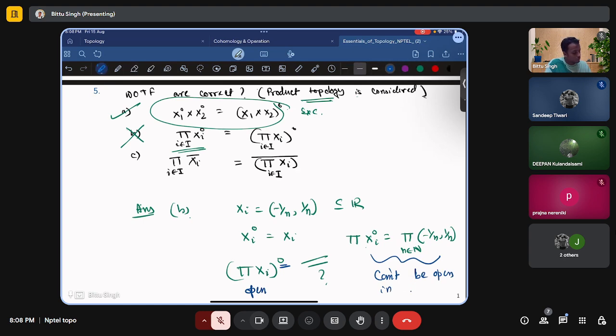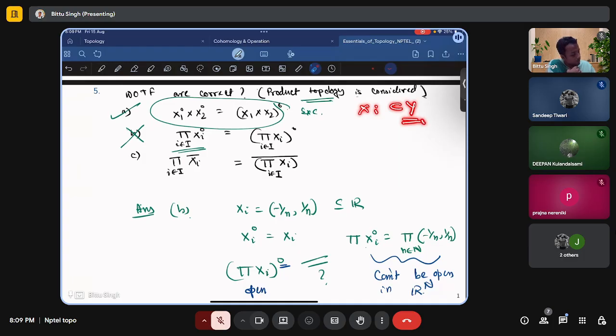So here I am considering this product of R^n. Those are actually not spaces, those are subspaces of some bigger thing, because when we consider interior, everything is considered as a subspace of some bigger space.